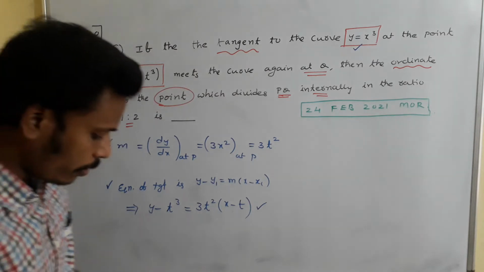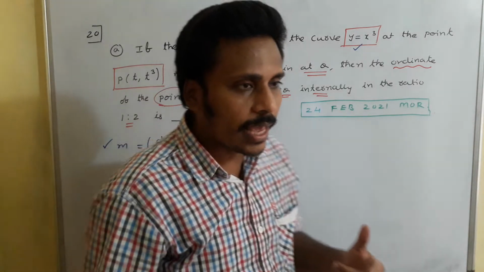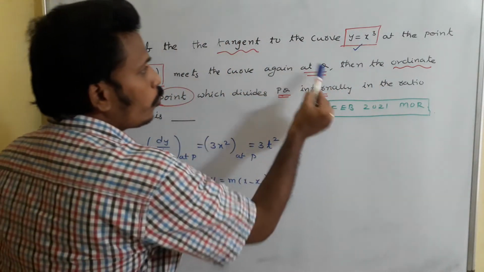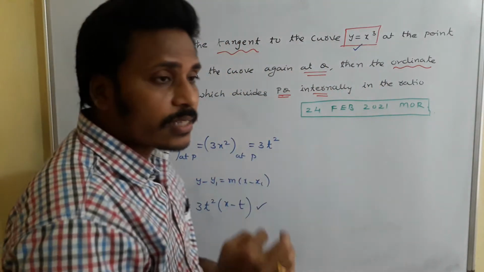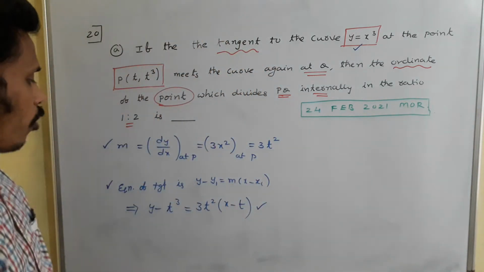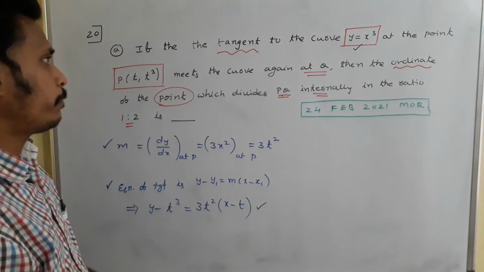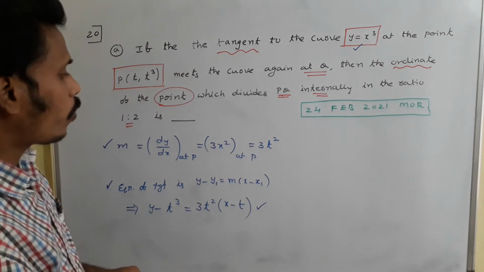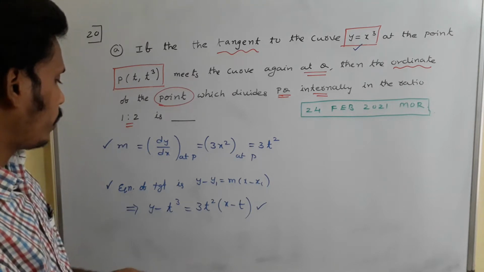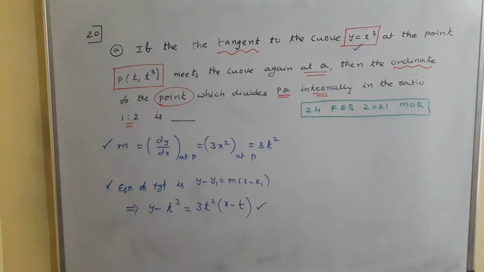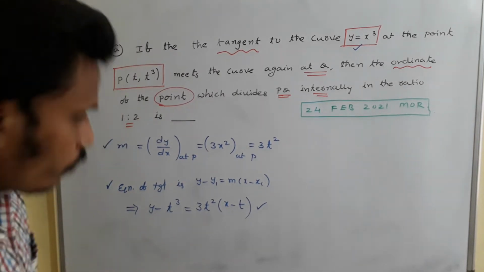As per the problem, this tangent equation again intersects the curve at Q, right? So Q is the point of intersection of the curve and the tangent. Now I will try to find out what point Q is.